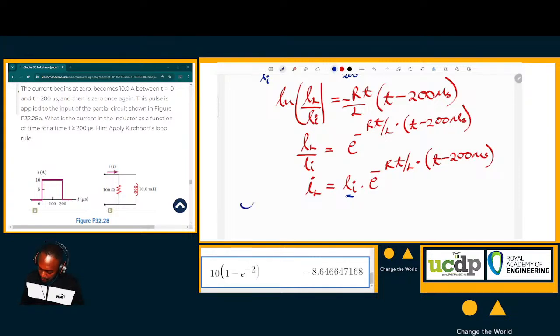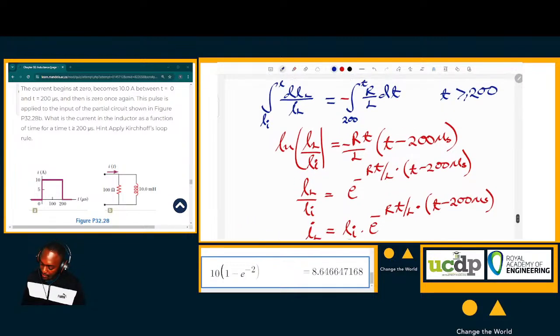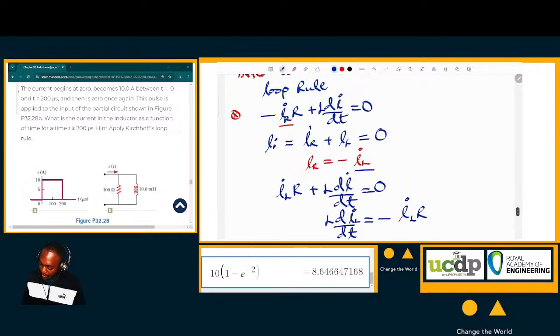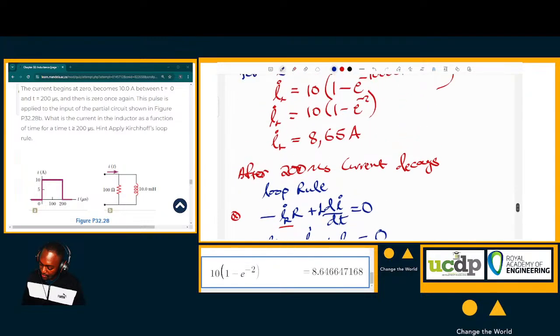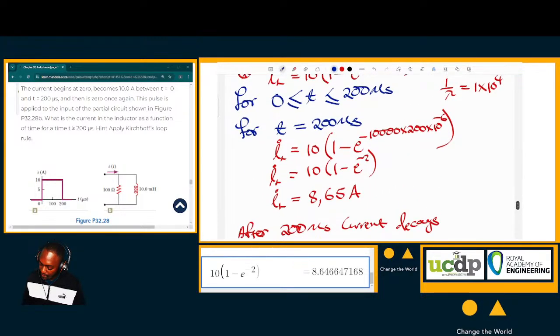Okay, now what is our I naught, our I initial? It's 10. Are you sure? Isn't it at time t equals 200? Remember, we're starting from 200. Oh, okay. I'll take you back. Yeah, it's 8.65.